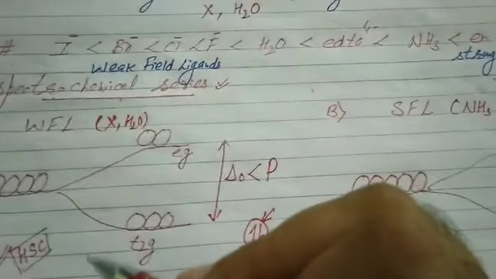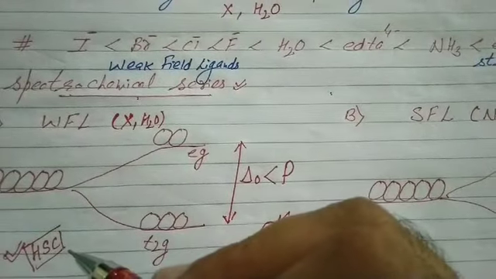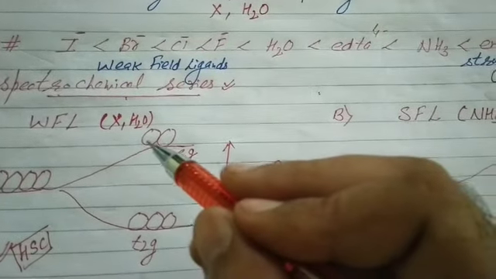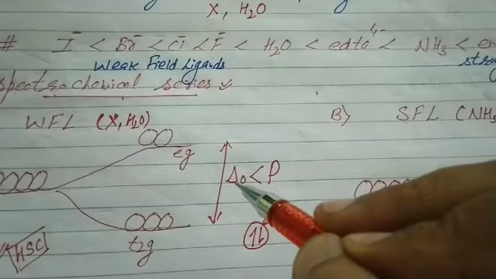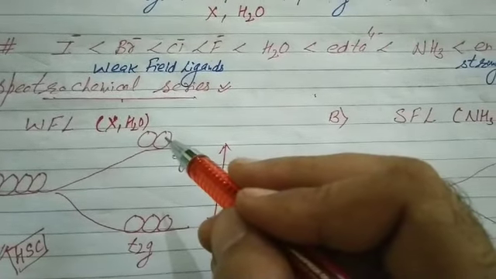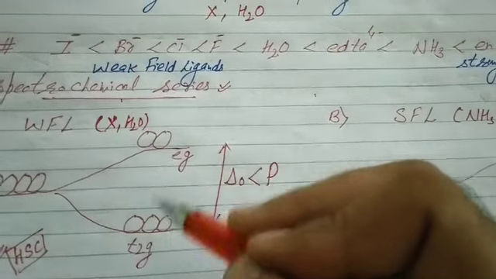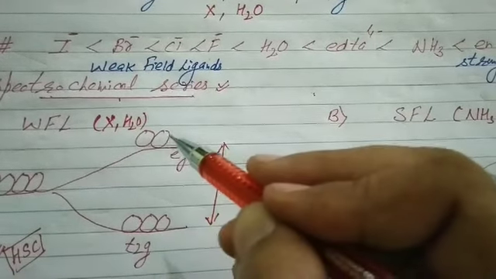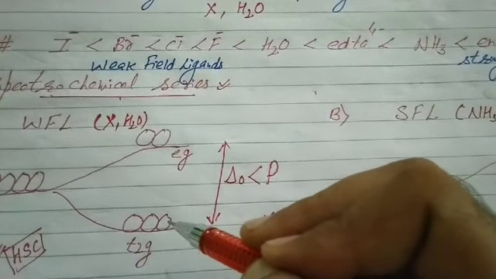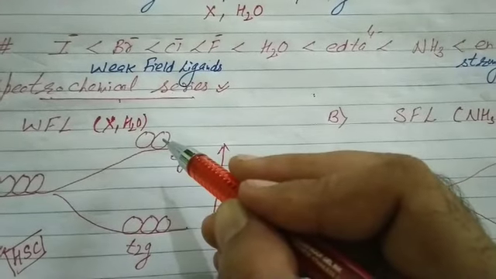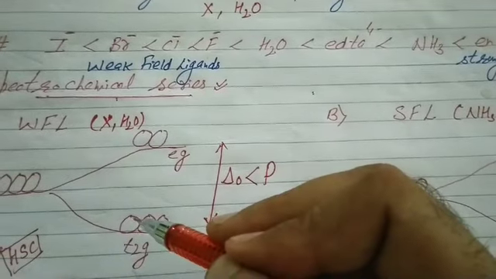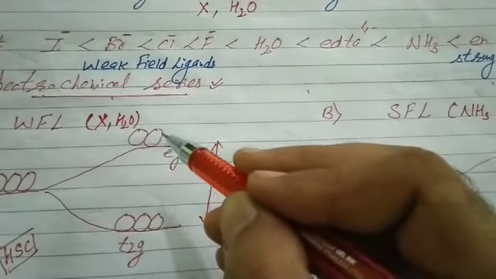But when it is d4 for a weak field ligand, the fourth electron goes to the eg level because the splitting is less: 1, 2, 3, 4, 5. Then pairing starts for weak field ligands. The t2g and eg levels are half filled, and then pairing starts: 6, 7, 8, 9, 10.